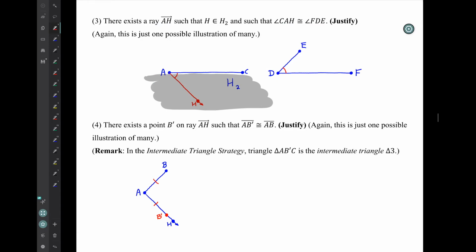Statement 4 says there exists a point B prime on ray AH that creates a segment AB prime that's congruent to segment AB. You'll justify this in your homework. Now a remark is in order here. In terms of the intermediate triangle strategy, triangle AB prime C, which is not drawn yet, is the intermediate triangle, triangle 3.